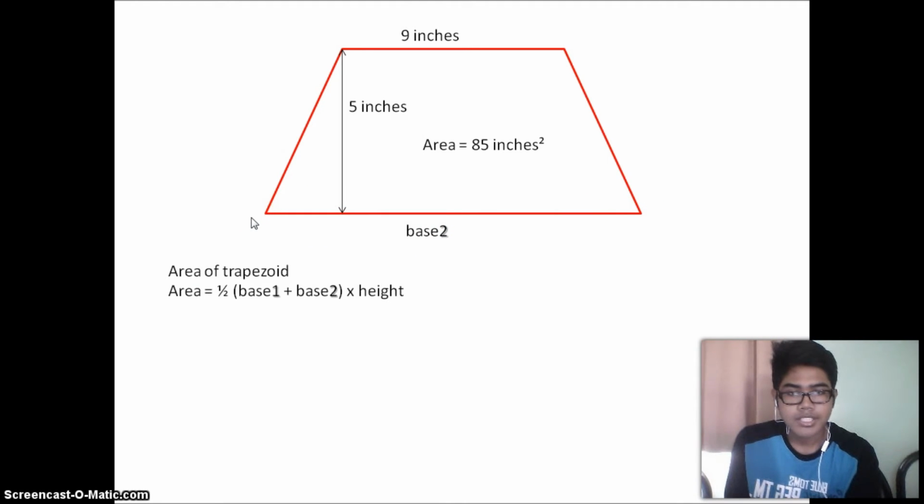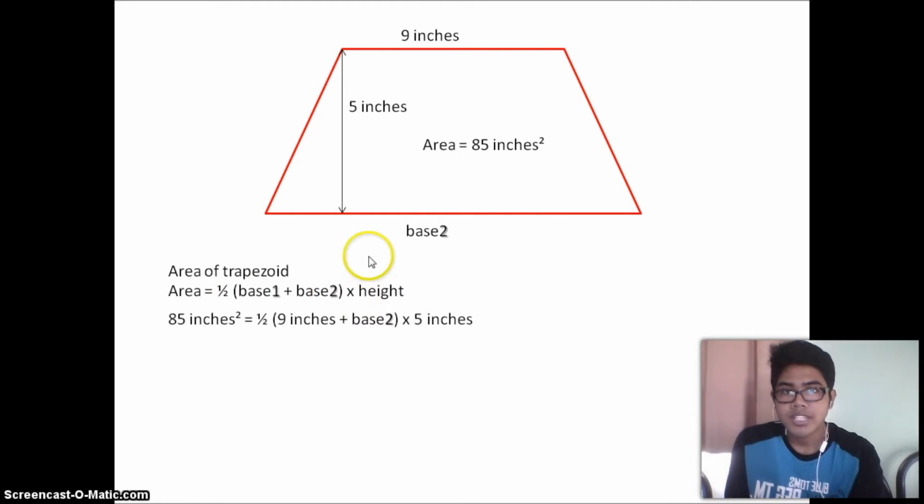So using the formula, area is equal to half times base 1 plus base 2 times height, we just need to use the information in the question and substitute it. The area for this trapezoid is 85 inches square is equal to half times the base 1 right here, 9 inches, plus the base 2, which is what we need to find, times 5 inches, the height.